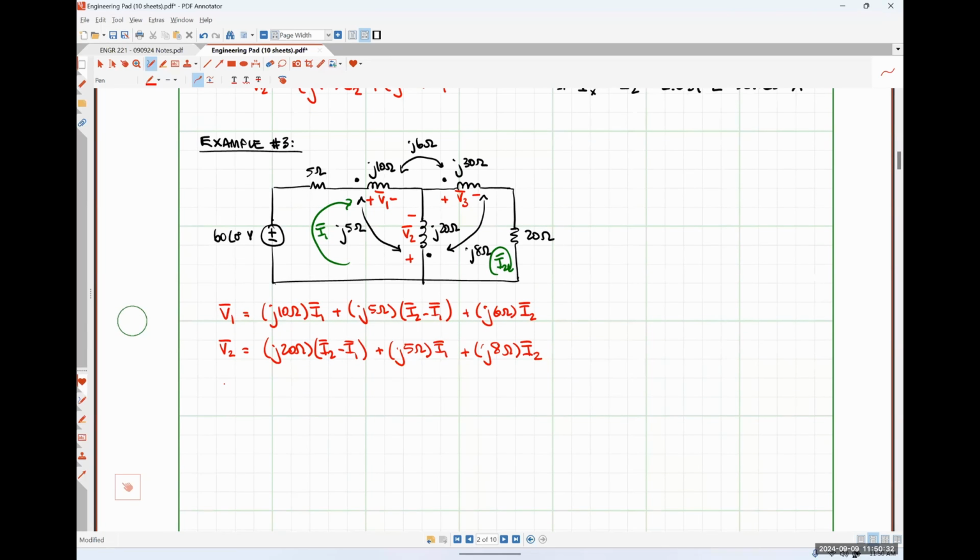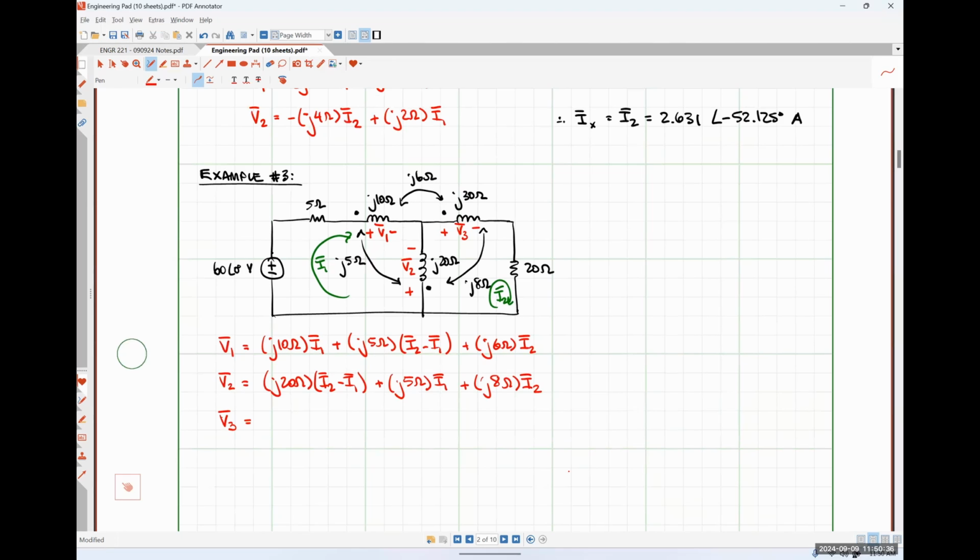And then now we've got to figure out V3. So what's our self-induced term there going to look like? J30 times I2 positive. What's our coupling between the J30 and the J10 ohm coil going to give us?